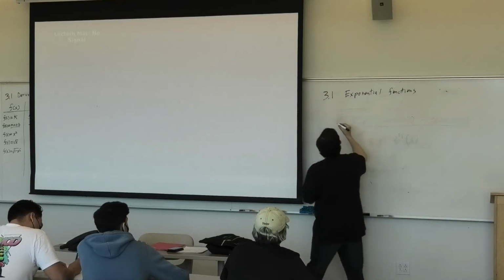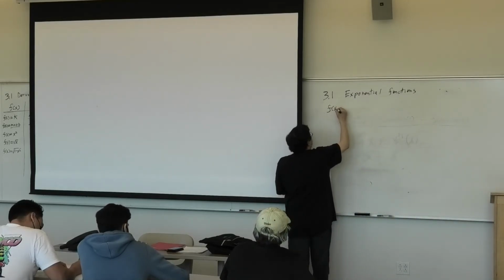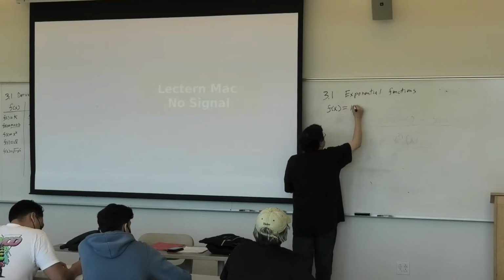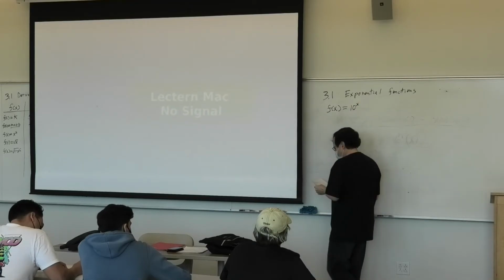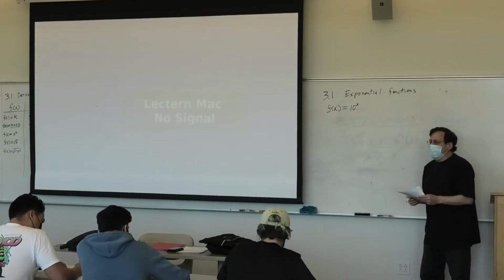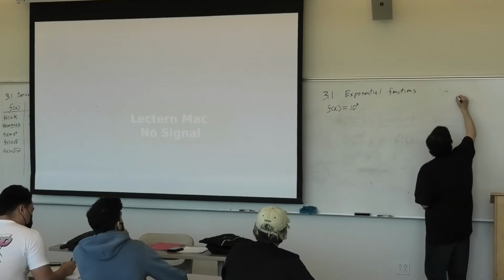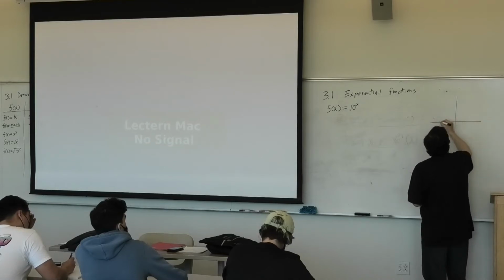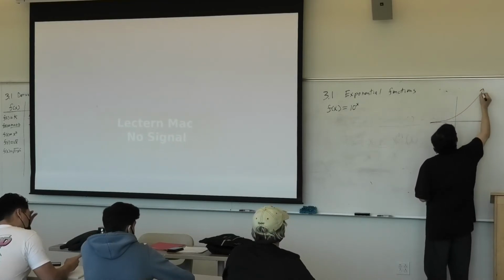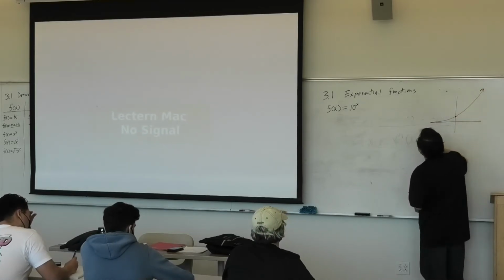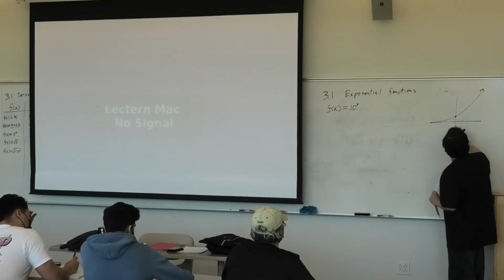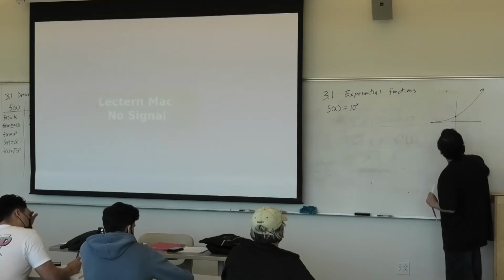So we have the function 10 to the x, and we want to know the derivative of that. Recall that exponential function kind of looks like this. It's going to go through 1 at 0.